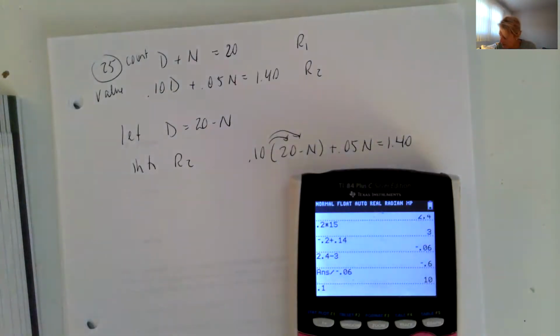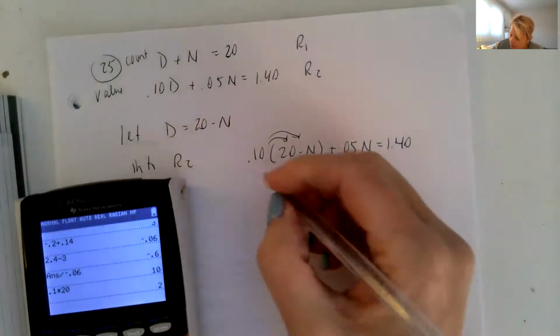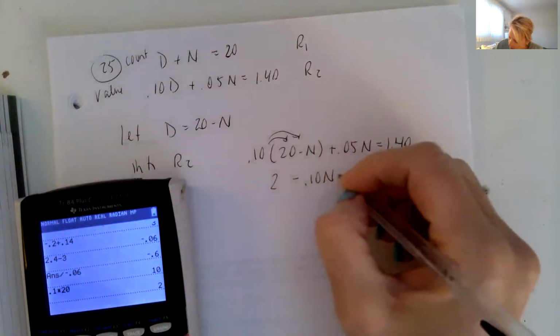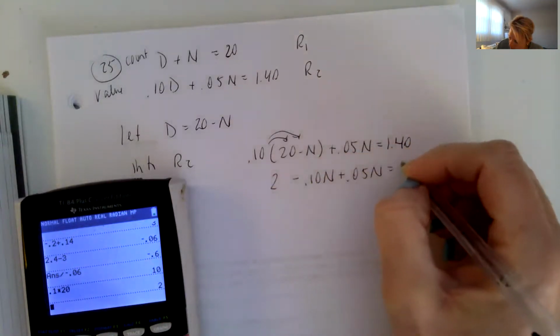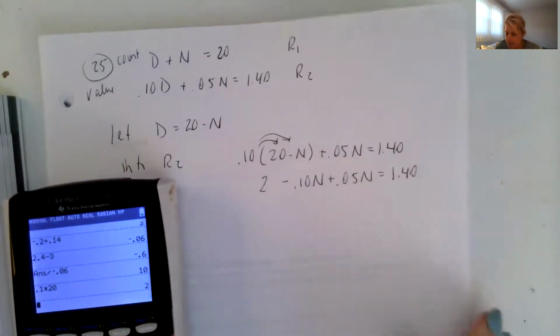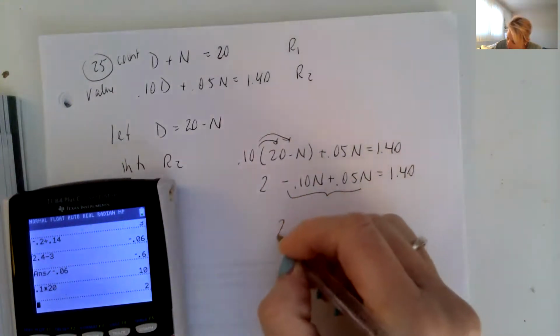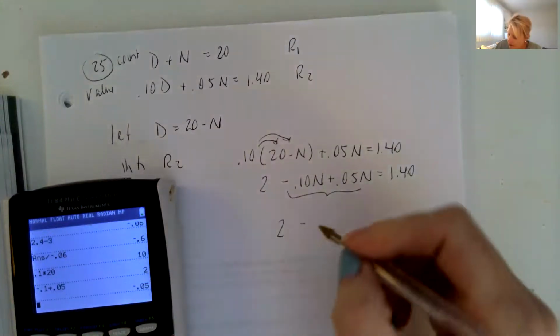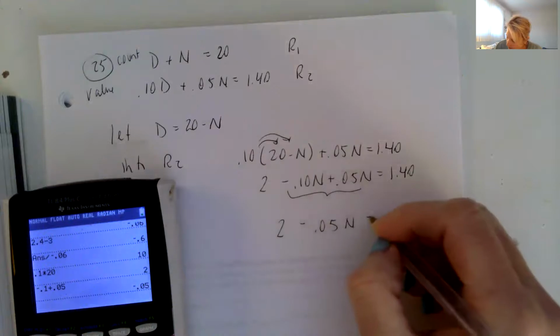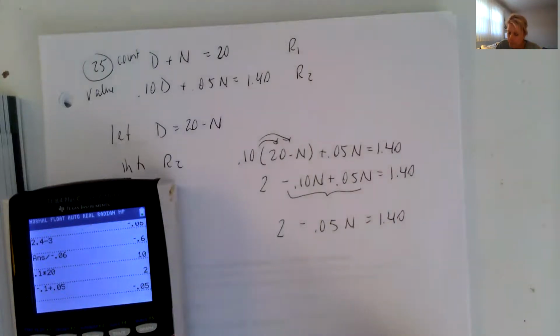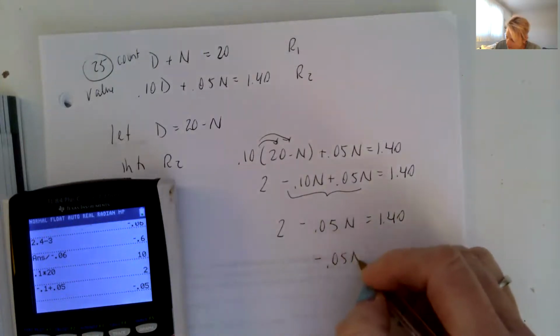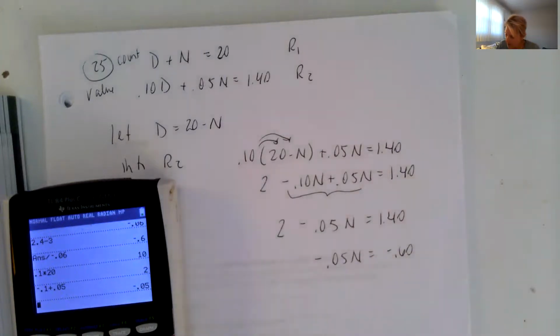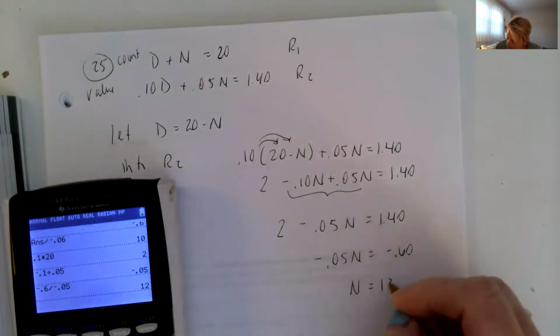So 0.10 times 20 is 2 minus 0.10 times N plus 0.05 N equals 1.40. Our like terms, a negative 0.10 plus 0.05, we get a negative 0.05 N equals 1.4. And if we subtract 2 from both sides, we get a negative 0.6. So if we divide by a negative 0.05, we find out that we must have had 12 nickels.